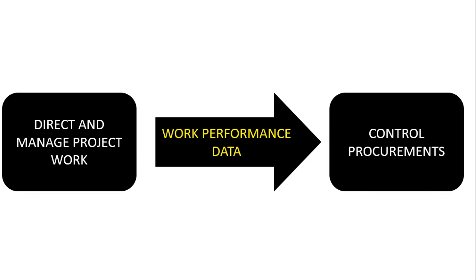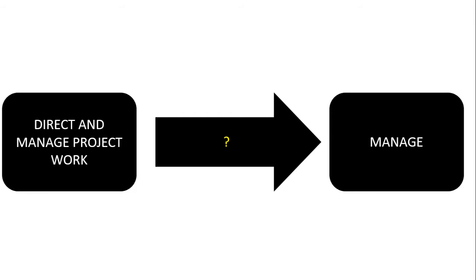All right. That's Direct and Manage Project Work. Let me give you the next one. The next one here is still Direct and Manage Project Work. The process here is Manage Project Knowledge. So I better give these numbers. Number 3.